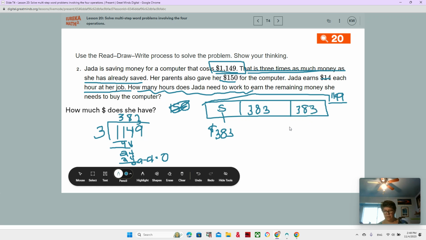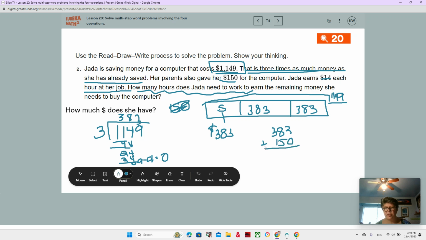Okay, so now we know how much she has saved is $383, and then her parents give her 150 more. So let's do 383 plus 150.